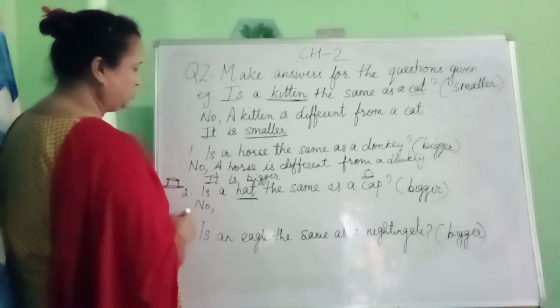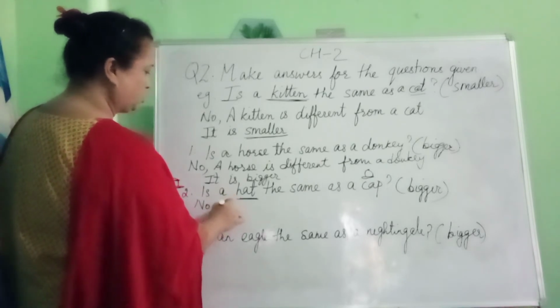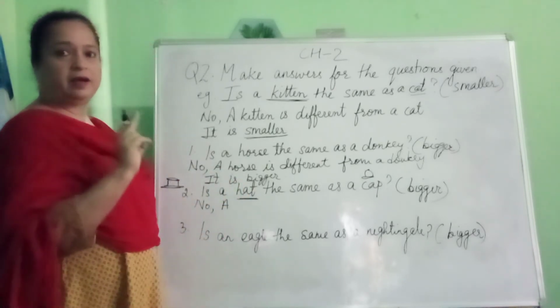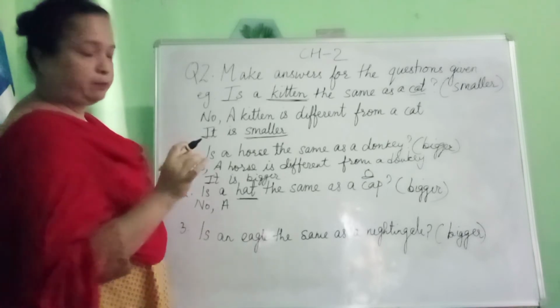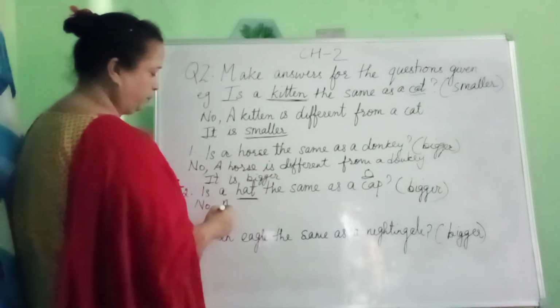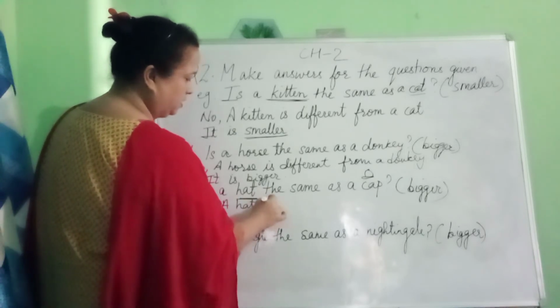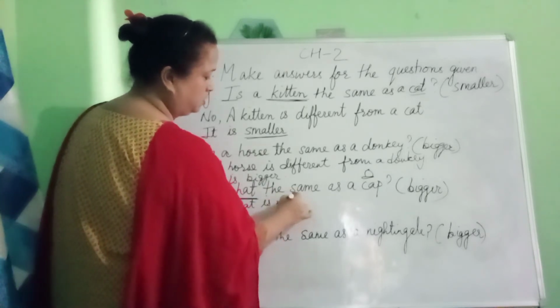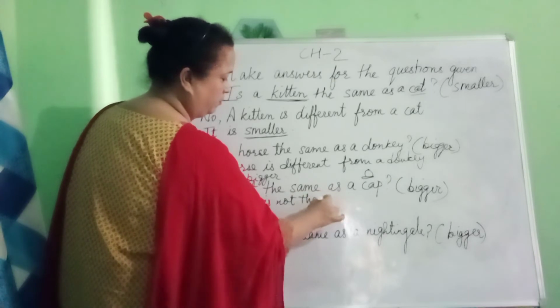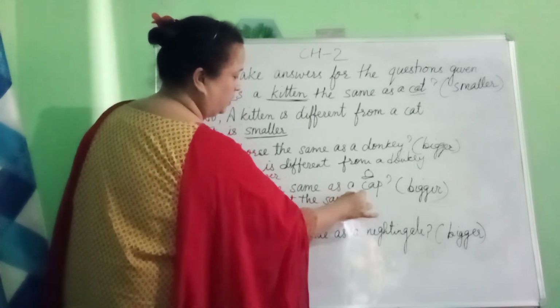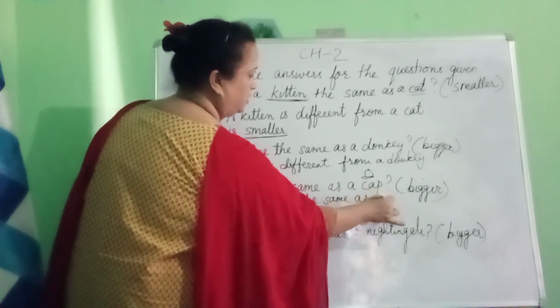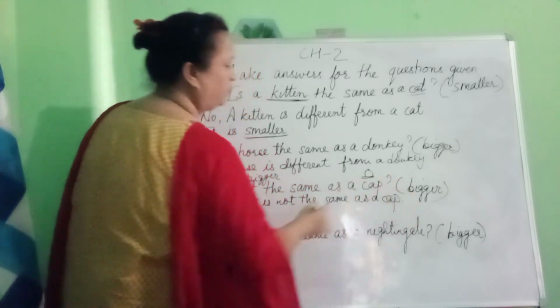We begin it using no. Now what are we talking about? We are comparing a hat and a cap. So a hat is bigger. No, a hat is not the same as a cap. Why is it not like a cap?